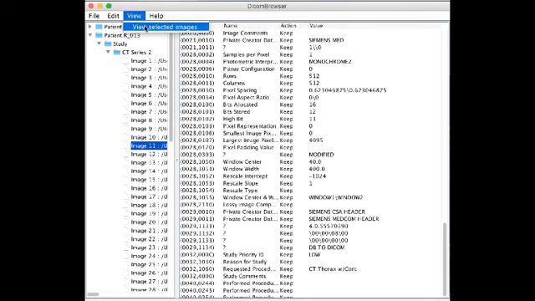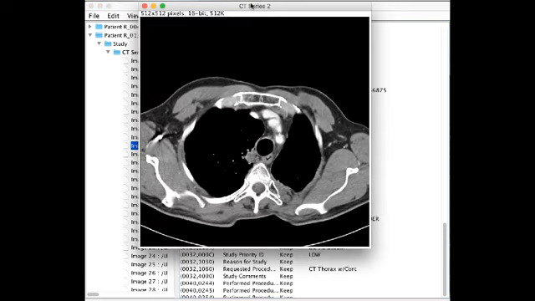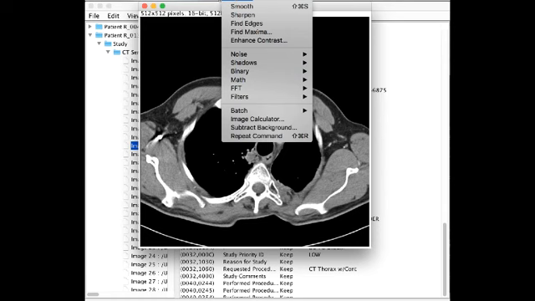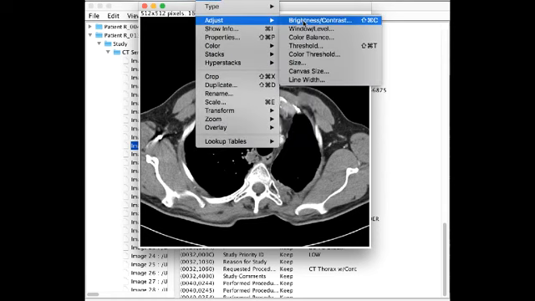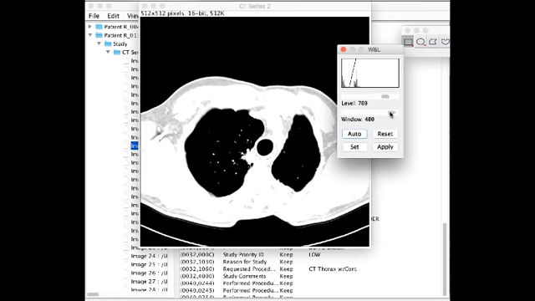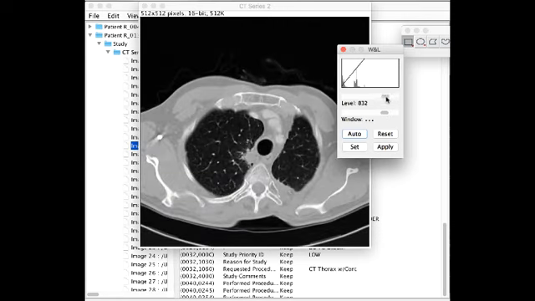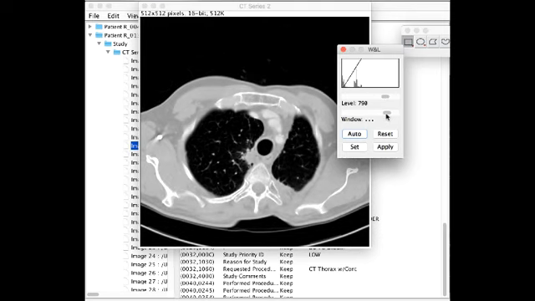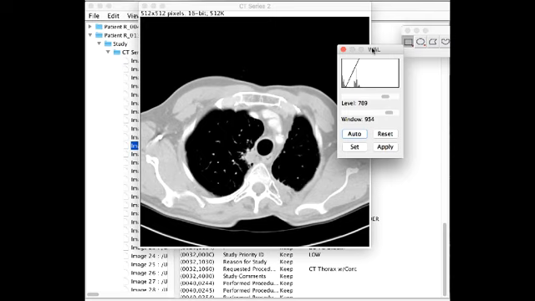Now we can also view the image. So you'll see this particular CT slice. It's 512 by 512 pixels. You can adjust the imaging. DICOM browser is actually using ImageJ to do this, so there are lots of tools that come with that. You can measure pixel values, draw regions, etc.